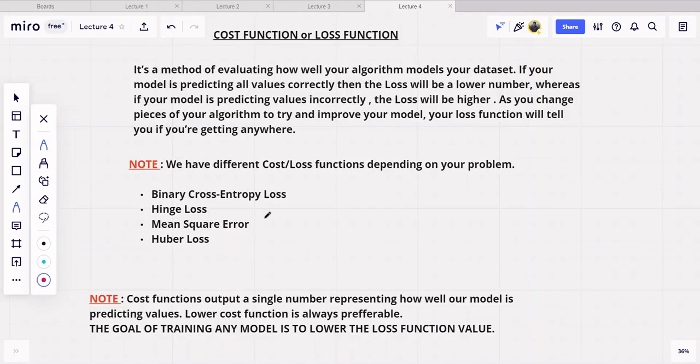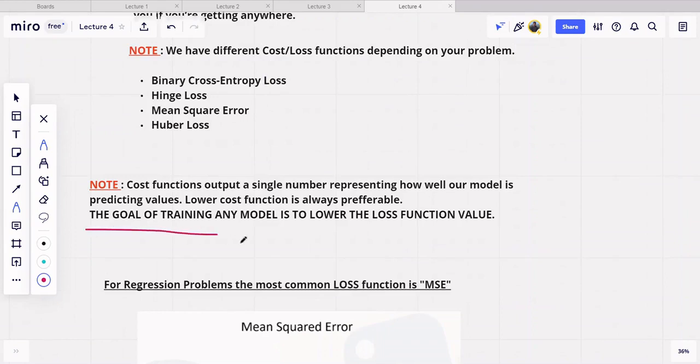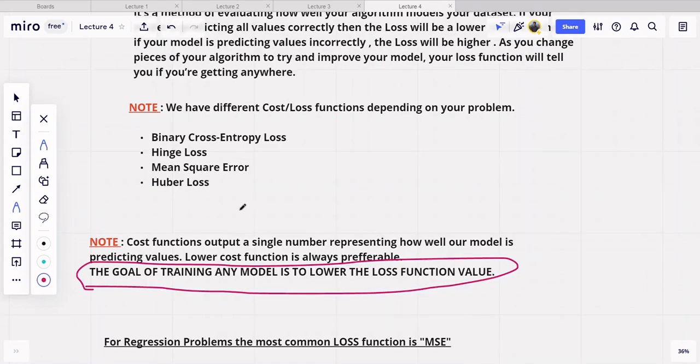The goal of training any machine learning model is to lower the loss function or the cost function. Basically they are the same thing, loss and cost.